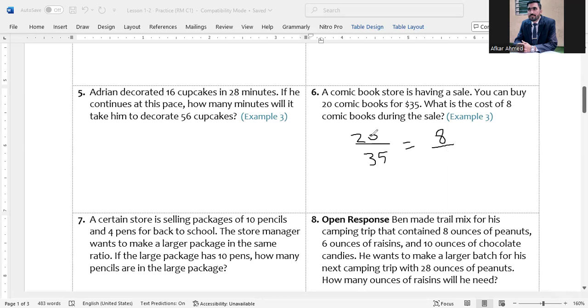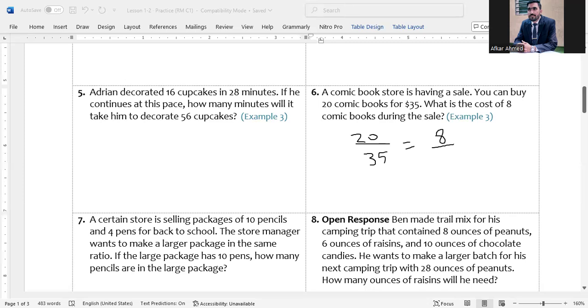Again, you need to find the relation between 20 and 8. Again, you are going to convert from bigger to the smaller number. If we divide by 2, it will give us 10, not possible. Divide by 3 will give us 6 point something. So you will divide it by 2.5. It will give you the answer. When you solve it, maybe you will get the answer here. I'm leaving this one for you.